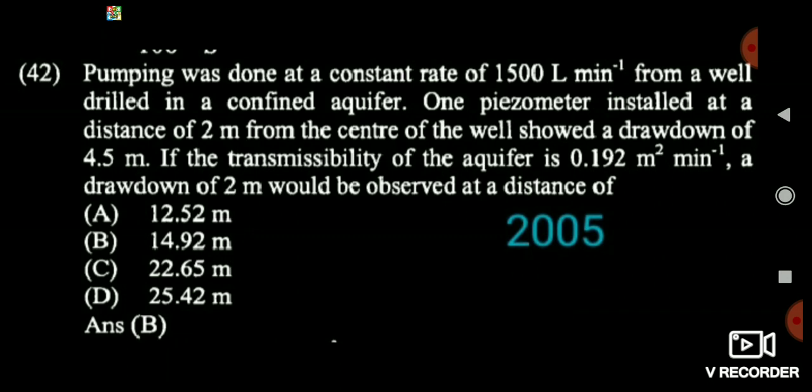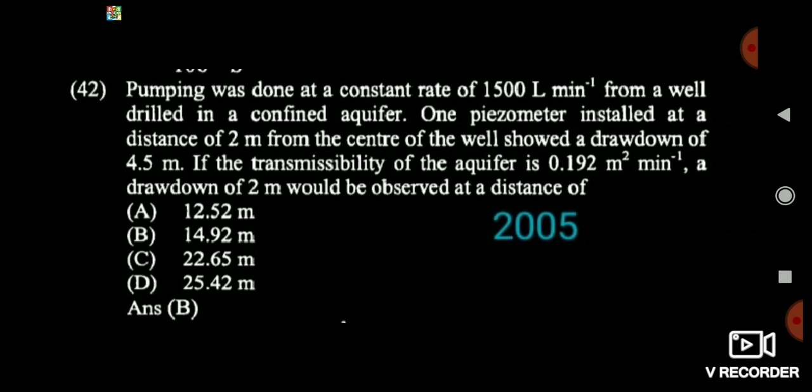Now coming to the next question, which was asked in 2005. Here the discharge is given, then the radial distances and the drawdowns are given, and the transmissibility is also given. It is asking at what distance a drawdown of 2 meter is observed.